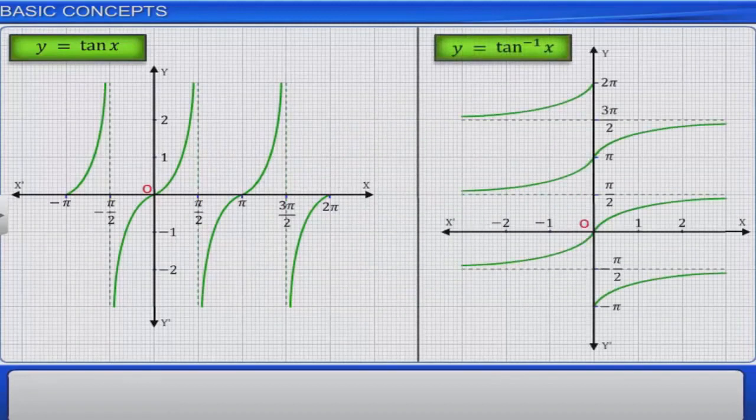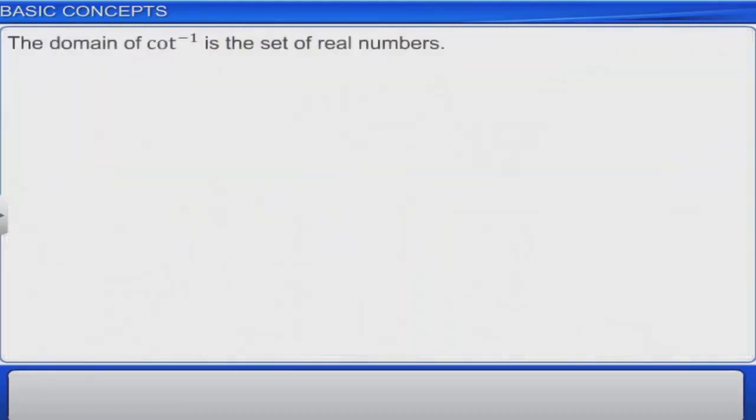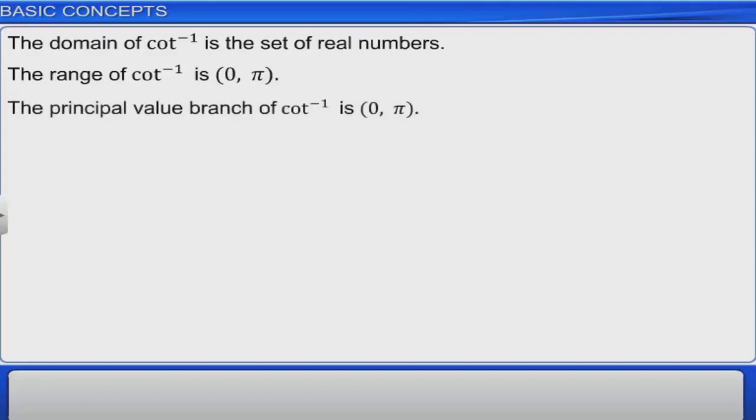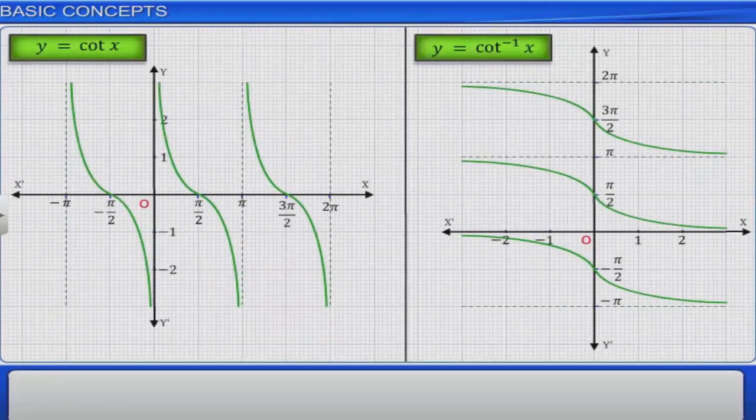The domain and range of the inverse cotangent function are the set of real numbers and open interval 0, pi, respectively. The principal value branch of the cotangent inverse is an open interval 0, pi. The graph of the functions cotangent and its inverse are given here.